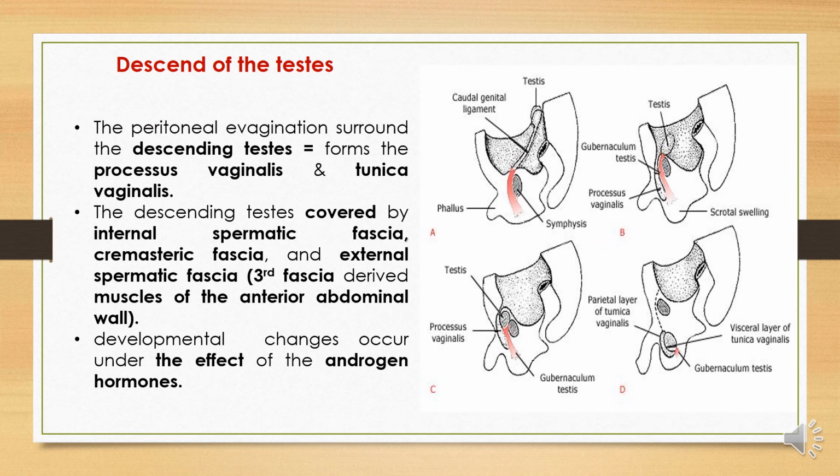Independently from descent of the testes, the peritoneum of the abdominal cavity forms an evagination on each side of the midline into the ventral abdominal wall.